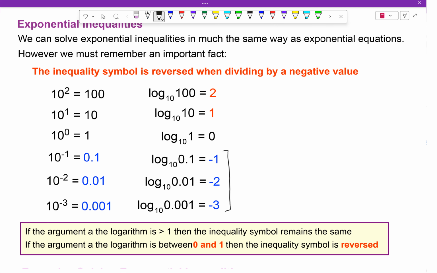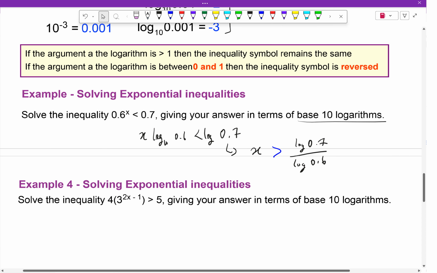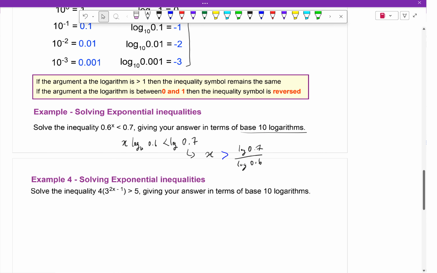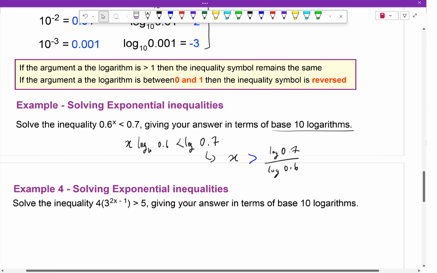Okay, so for example 0.1, 0.9, all of these are negative. So dividing or multiplying a negative in inequality, it will flip the sign. So hence, you have to be careful of this case. Here we can get x is bigger than log 0.7 divided by log 0.6.